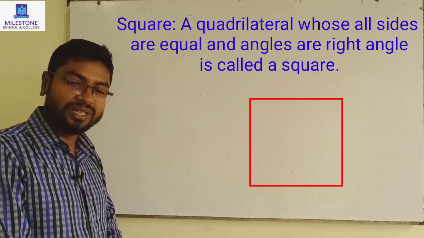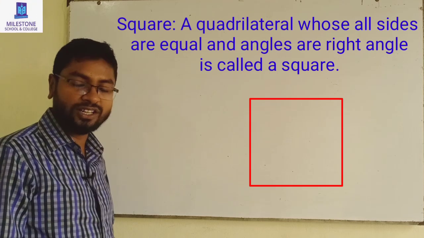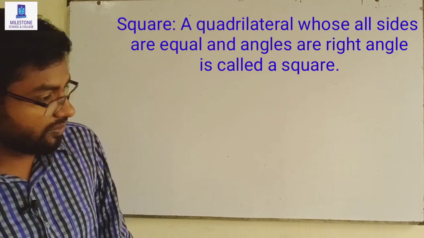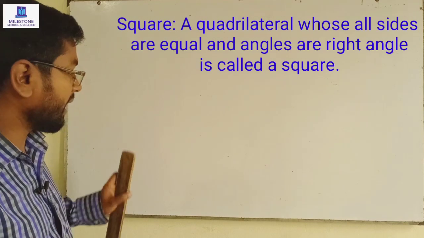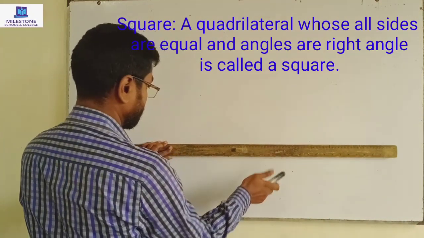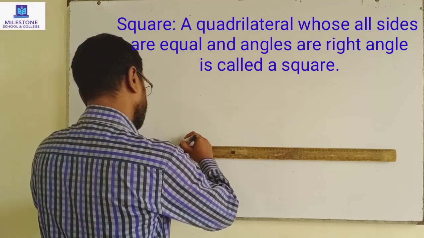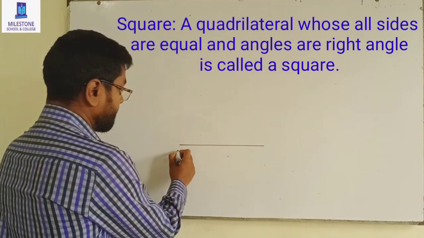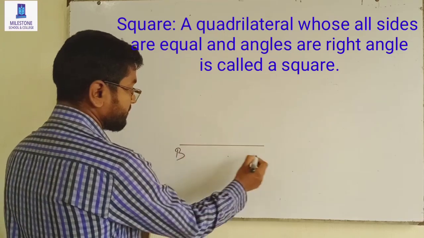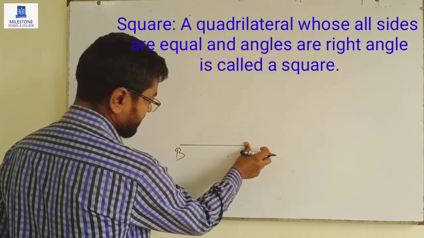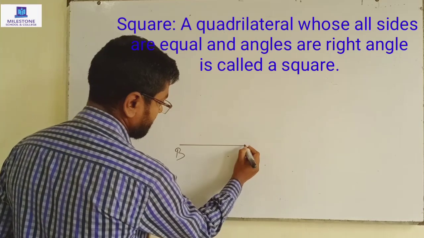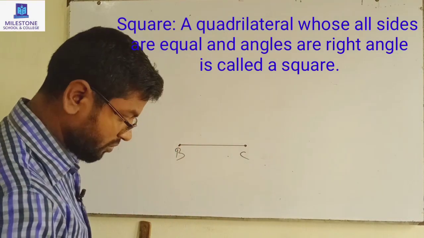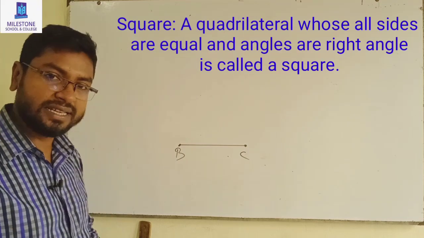Okay? With me, take your equipment. First we will draw a line at the bottom. We can give its name BC. We will make it short, not bigger. B and C, we give its points. Now we will draw a right angle.